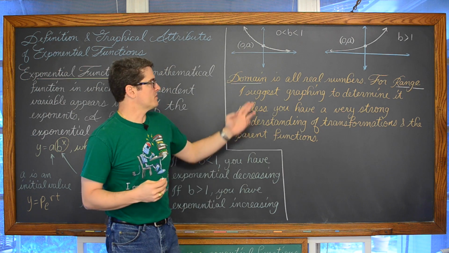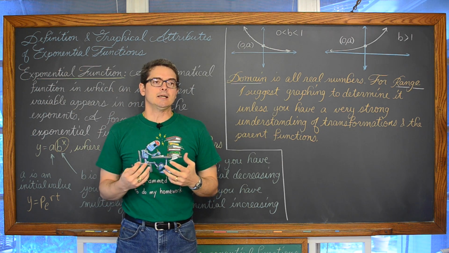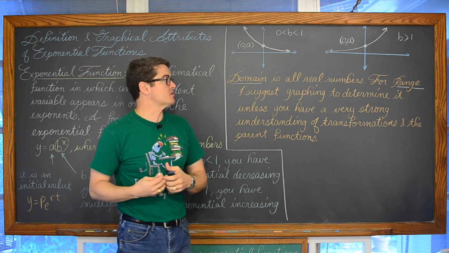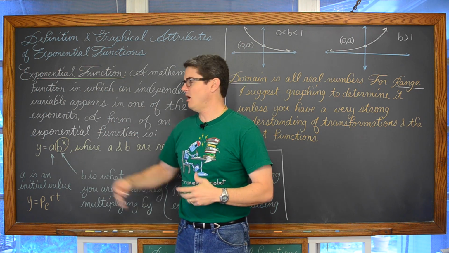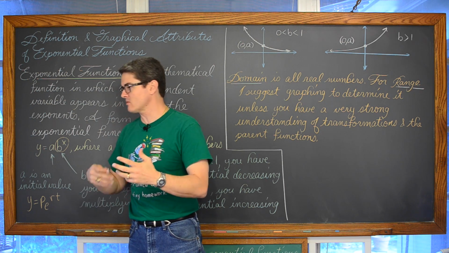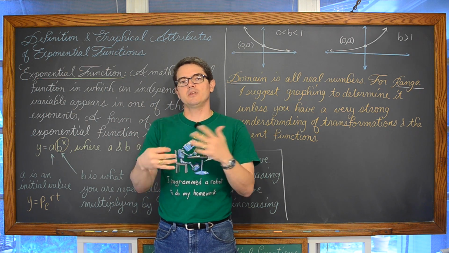I always suggest for determining the range of a function, or any graph for that matter, that you graph it first, as opposed to just trying to look at the equation and go, oh, well, I think the answers, remember range or the y values, are going to be between this and this.